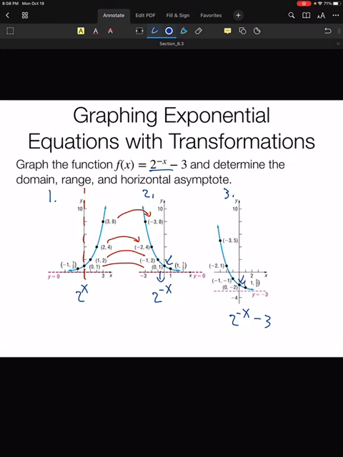And so now we need to determine its domain, range, and horizontal asymptote. Domain is not too bad. Are there any numbers that I can substitute in and get an error or something weird out? The answer is no. And so the domain is from negative infinity to infinity. Now comes the range.